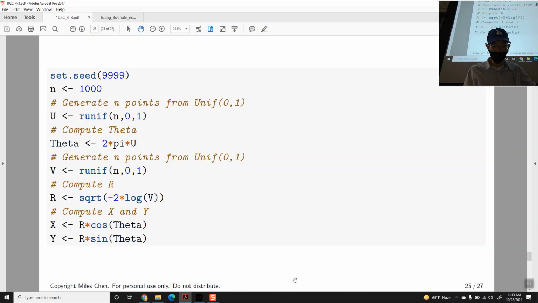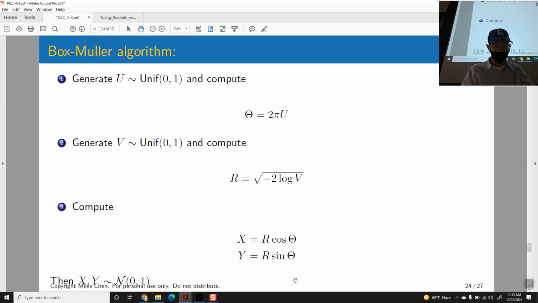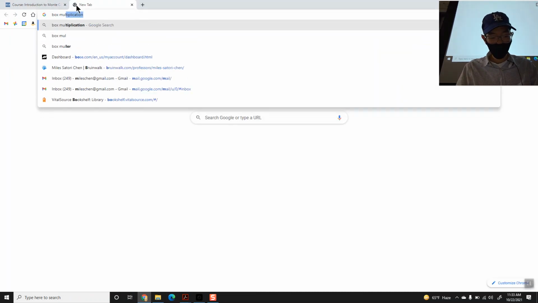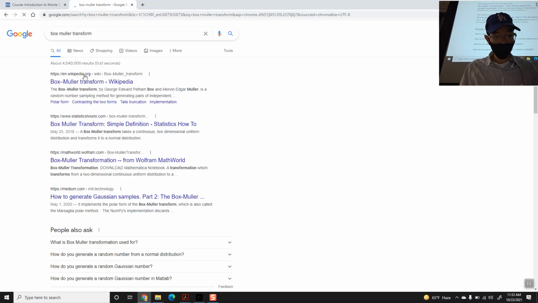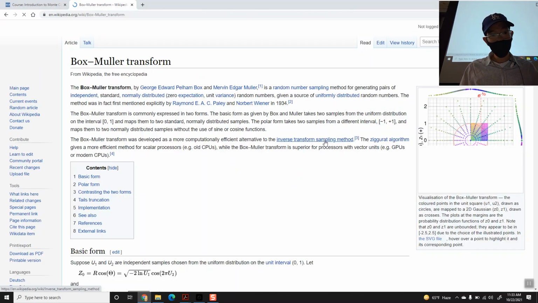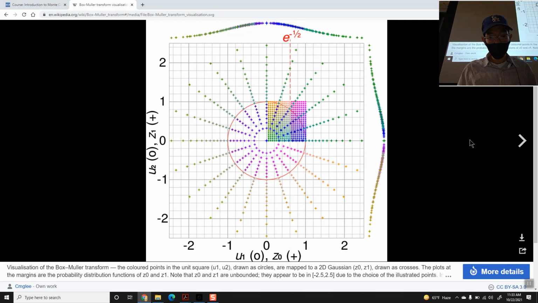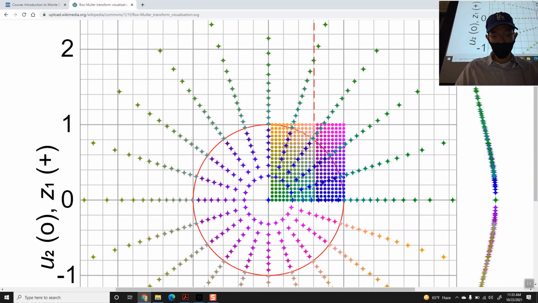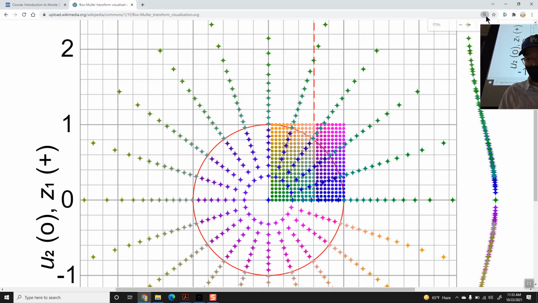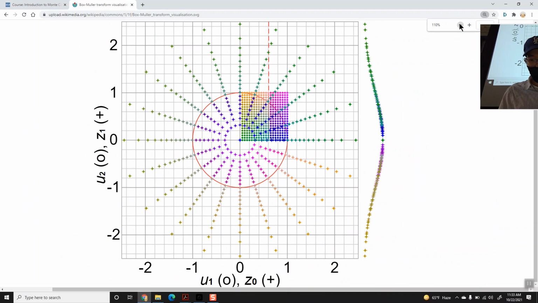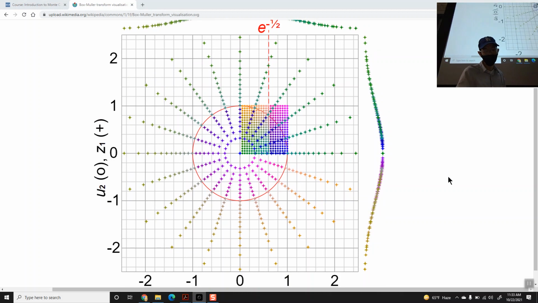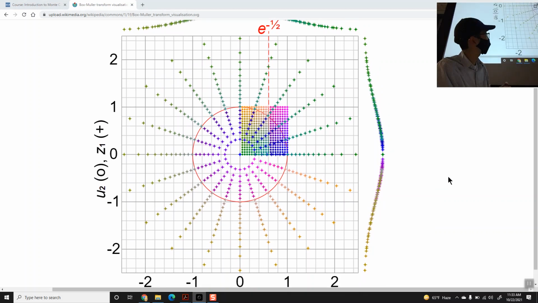There is a beautiful diagram. If you go to Wikipedia, there is this very cool diagram indicating the relationship.